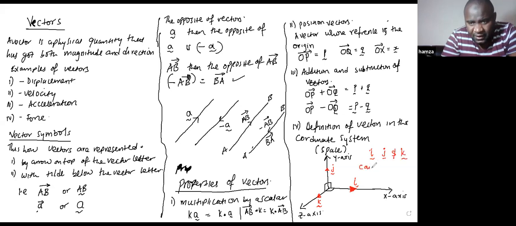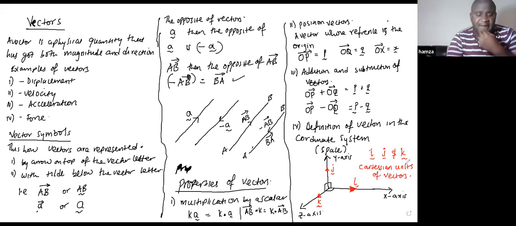These ones we call them the Cartesian units of vectors. These Cartesian units of vectors can be represented further. For example, you can have examples of vectors in space.